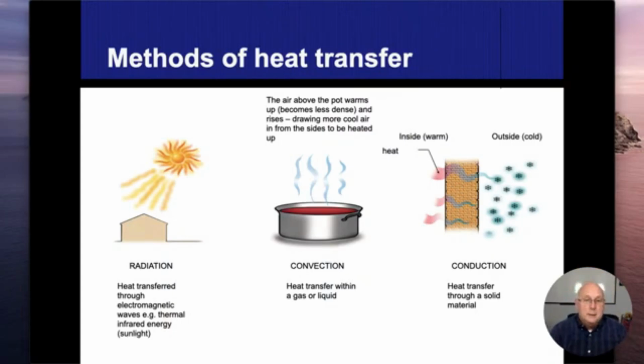Yet if I walk into the shade and get out of the beams of the sun, I start to cool down because it's not directly hitting me anymore. So with radiation, I can block that heat just by putting a wall or a barrier between one object and another. It goes in a straight line. It will reflect off of things, it will bounce off of things, but mostly it goes in a straight line.